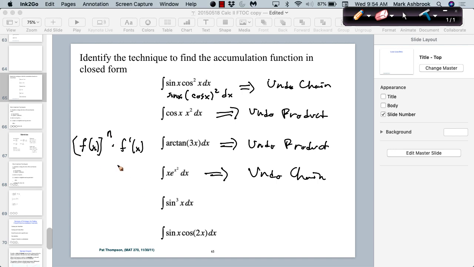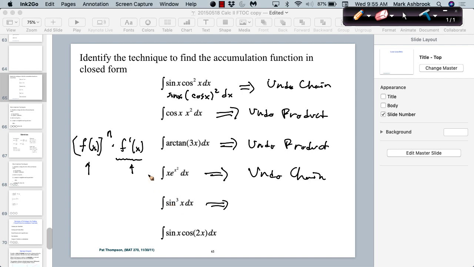So, staging for the chain rule means pulling away one derivative. So, what are we going to pull away here? What will our f be and our f prime in this case? So really I'm just dealing with 2 functions here. What functions am I dealing with? Sine and cosine, right?